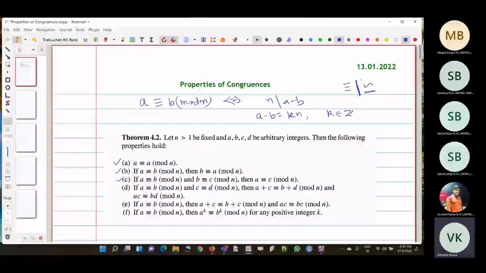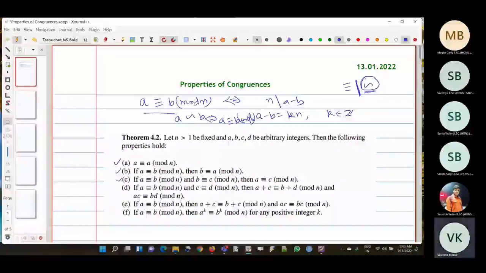We can denote this by saying that A is related to B if and only if A is congruent to B modulo n.